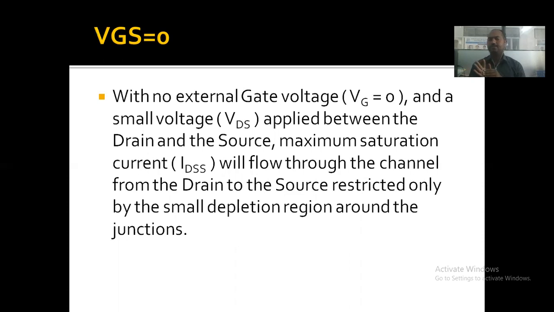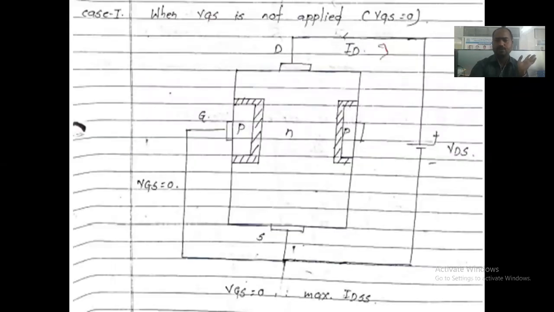VGS is the gate-to-source voltage, which is 0 volts. The drain-to-source voltage is positive: plus is applied to the drain, minus is applied to the source, so minus is applied to the n-type. That's why a larger number of electrons travel from the source to the drain.